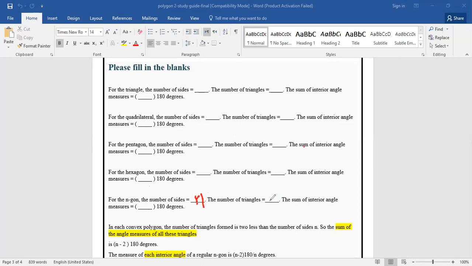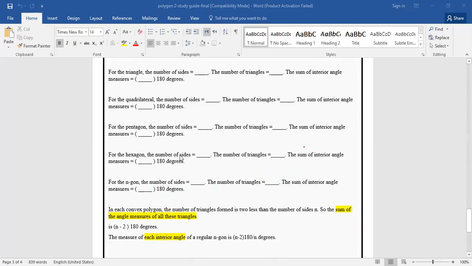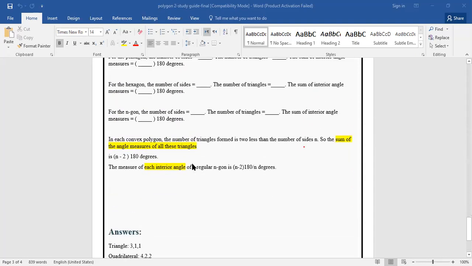To find the measure, it will be n minus 2 times 180, because n minus 2 represents the number of triangles. n represents the number of sides.